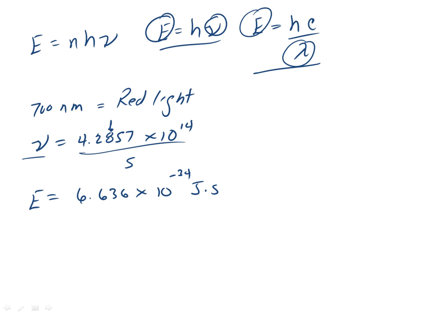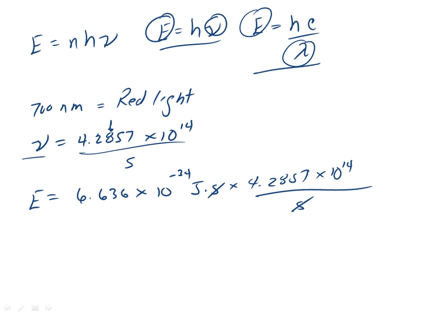So if we multiply this by 4.2857 times 10 to the 14th over seconds, the frequency, the seconds will cancel out, and we will be left with joules.